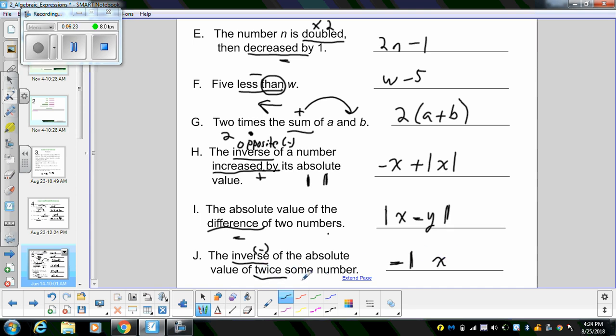Twice just means times 2, so that would be 2x, and then close your bars. Make sure you make them so they don't look like ones. Make them long, make them tall. Okay, so let's move on.